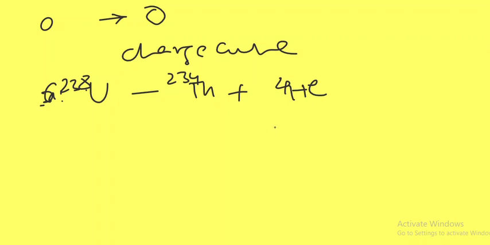Because the alpha particle has the same makeup as the helium-4 nucleus, it has the symbol for helium.